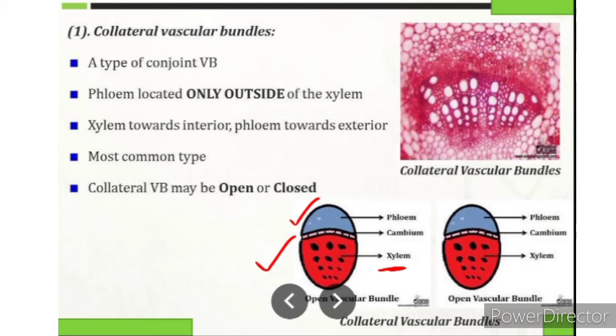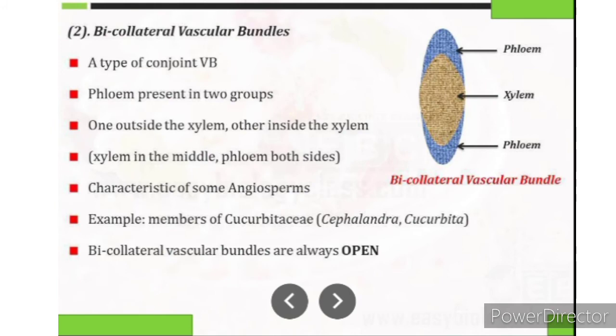If there is no cambium ring, then such type of vascular bundle will be called closed type of vascular bundle. Xylem is mainly present towards the interior part, and phloem is present towards the exterior part. Such type of vascular bundle is most common, and collateral vascular bundles may be open or closed type based on the presence or absence of cambium.